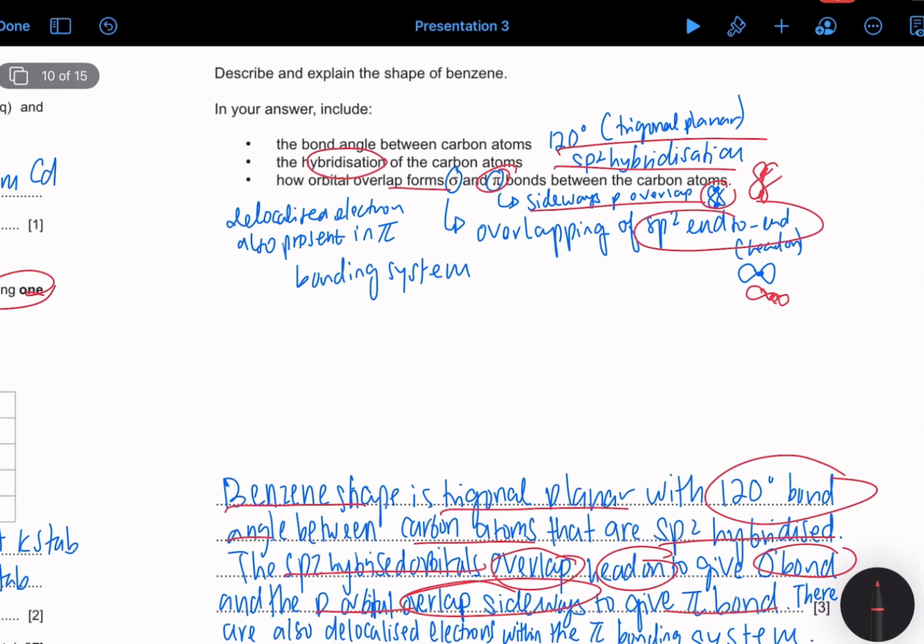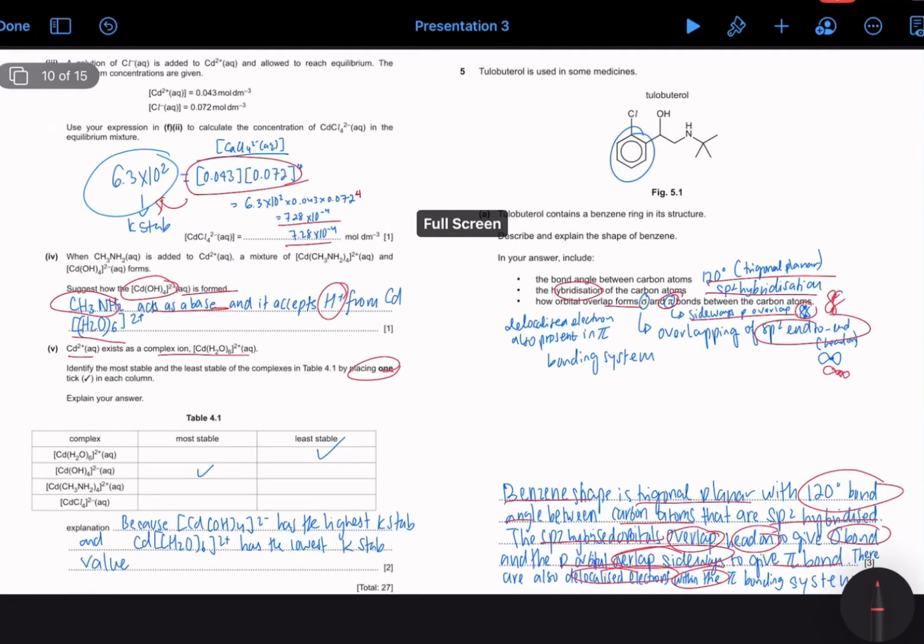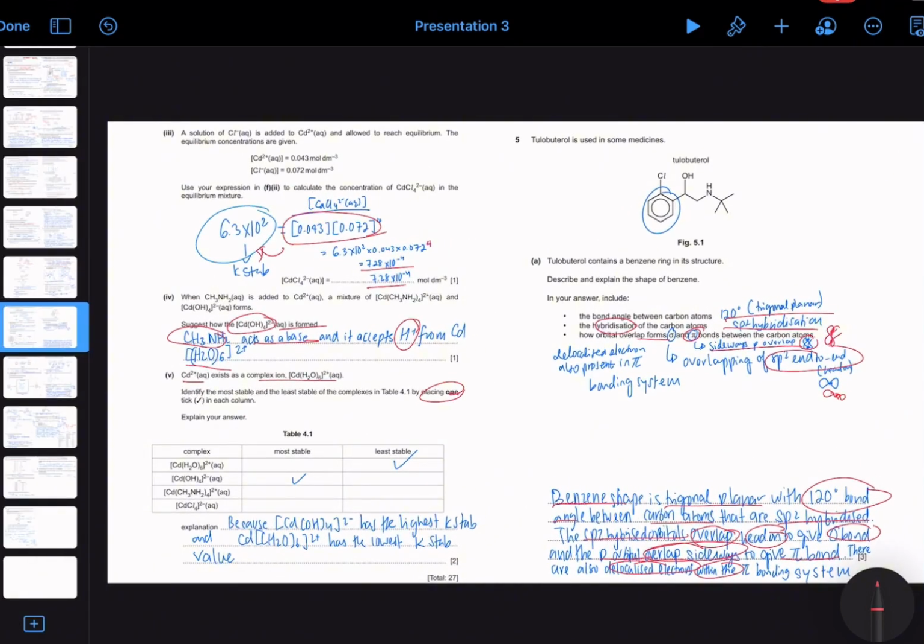There are also delocalized electrons within the pi bonding system. That would be enough for more than 3 marks actually. That's 5 marks in total, so you just have to mention 3.